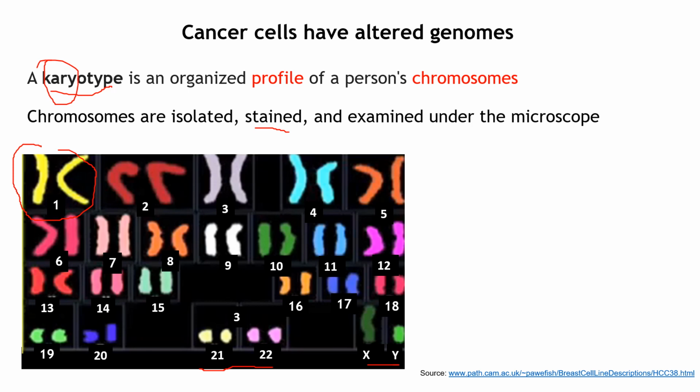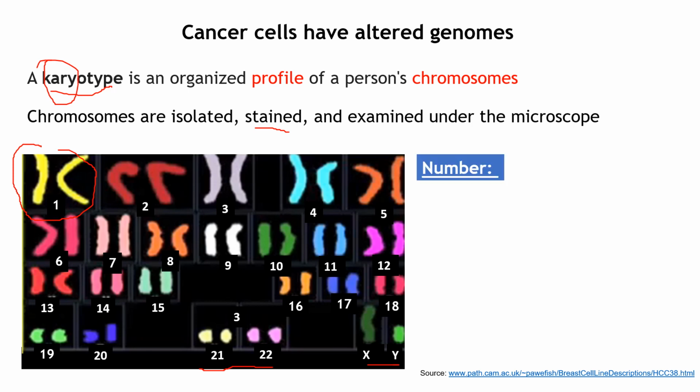What do you expect to see in terms of numbers and components? Do you think there will be chromosomes missing? Do you think there could be duplications? Do you think the chromosomes are going to mix, or which kind of things do you expect to see in a cancer cell?